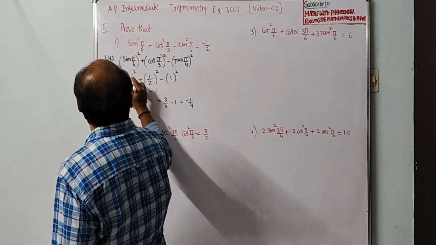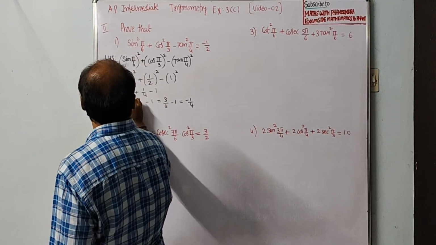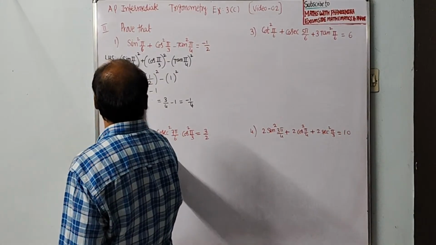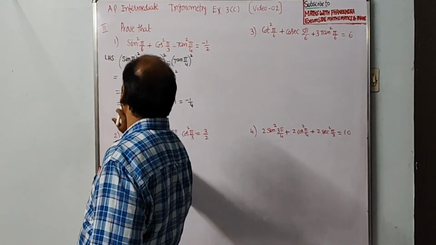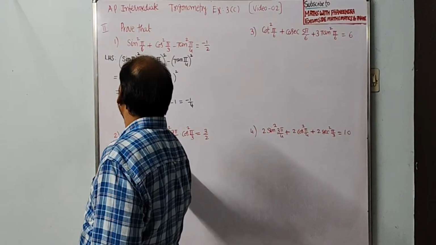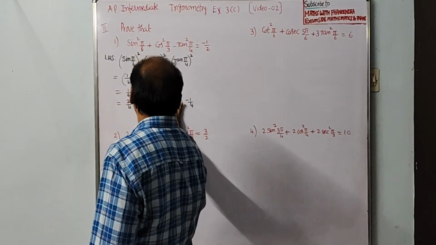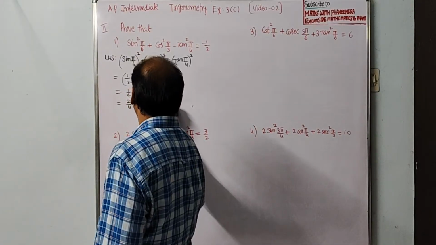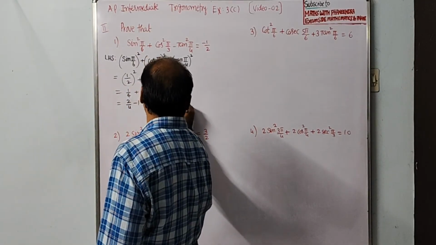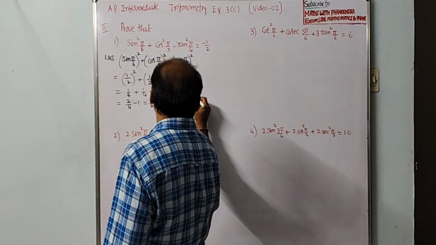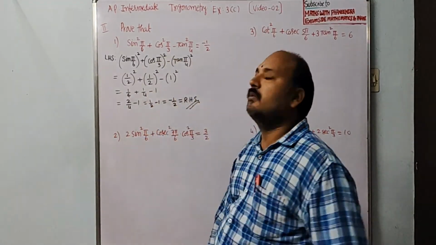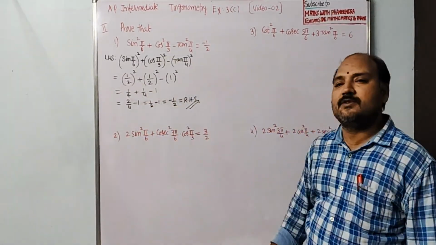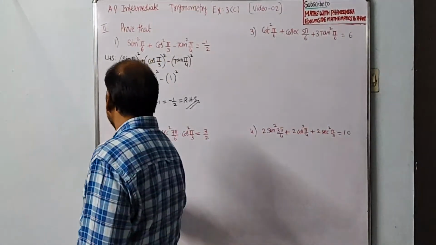Sin 30 means 1 by 2. So it will be 1 by 4. So 1 by 4 plus 1 by 4, 2 by 4, minus 1. That is equal to 1 by 2 minus 1, which is equal to minus 1 by 2, required RHS. I hope you understand this, students. We'll move to the other question.